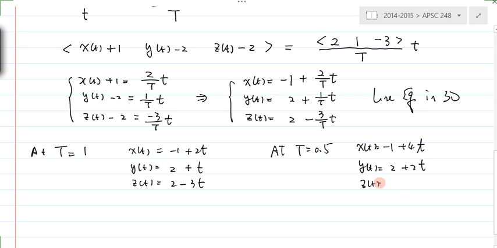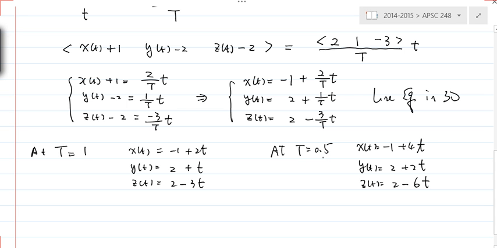And z of t equal to 2 minus 6t. Okay, so what does that mean? That means, according to what we're saying, when your T is different, it means the traveling speed of the point P is different, right? So which one has higher speed? This one, the smaller capital T has a higher speed here, right?